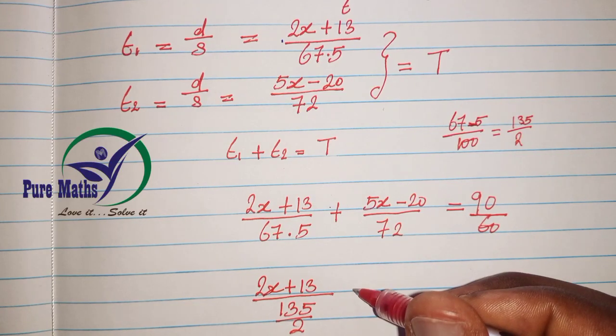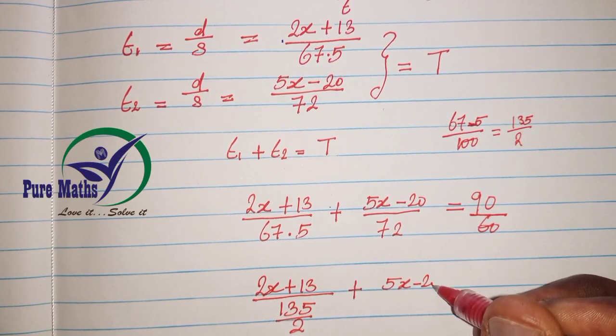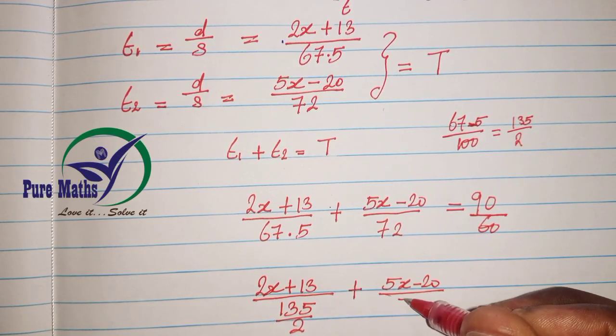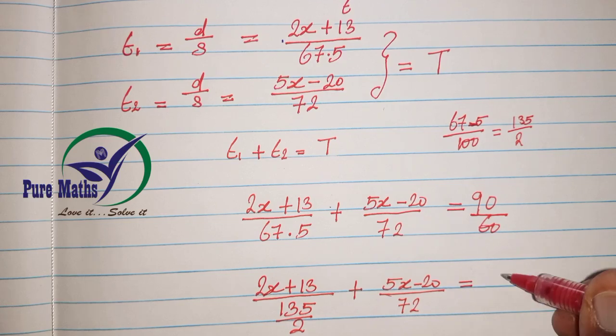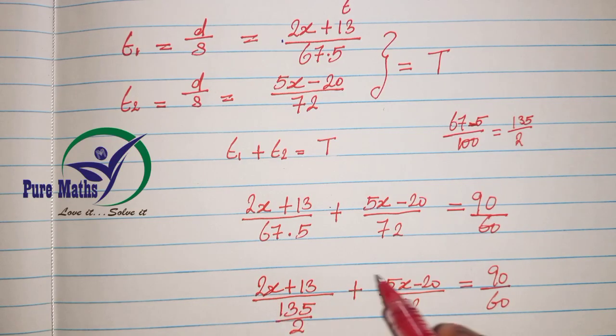Basically, having done that, we have this plus 5x minus 20 all over 72, and this is the same thing as 90 all over 60. So of course we know our denominator 2 can go up and then multiply the numerator.